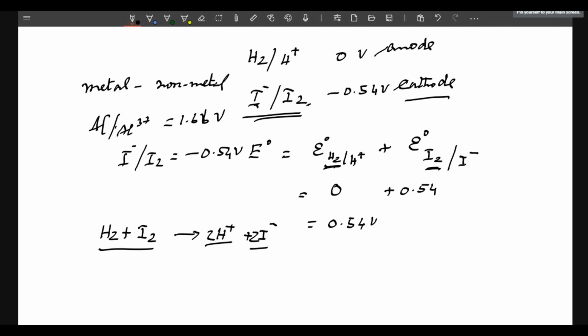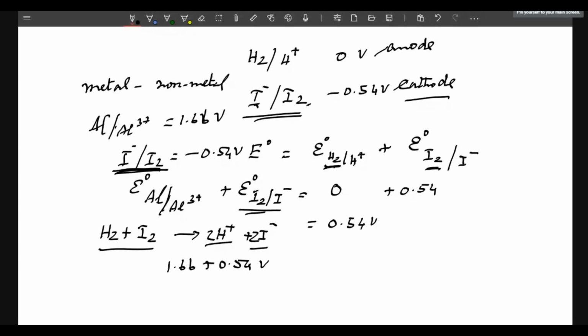Aluminium or aluminium 3 plus is the anode, and oxidation should be taking place, epsilon 0. In the cathode, reduction should be taking place. This value is 1.66 volt. Just change the sign and write down the value.